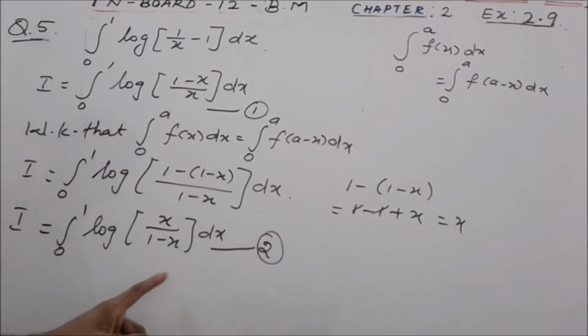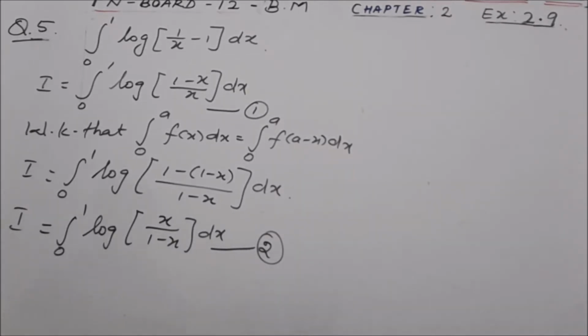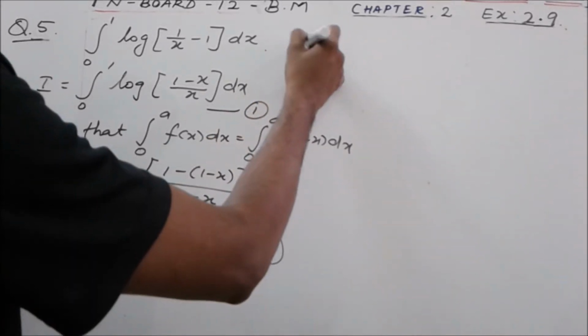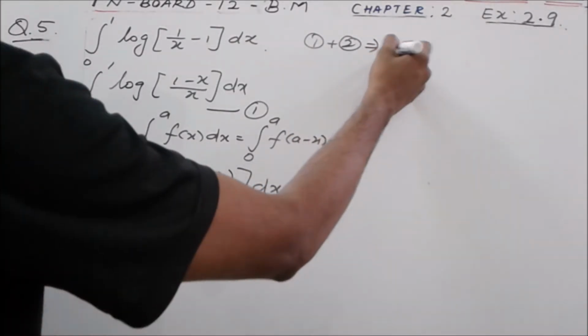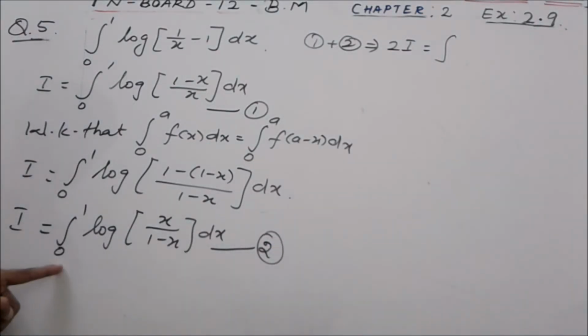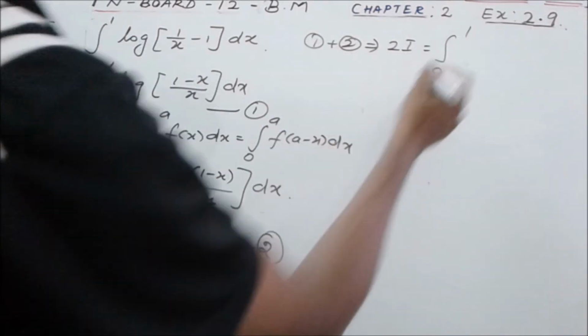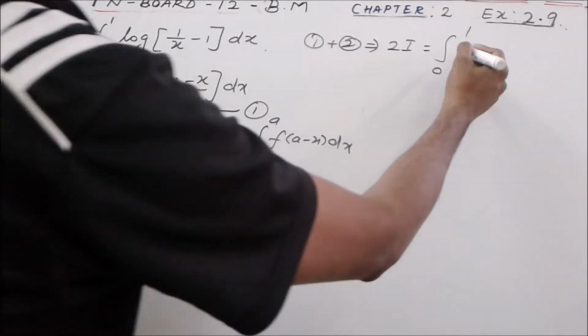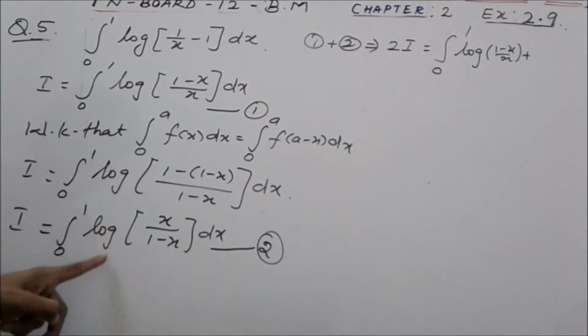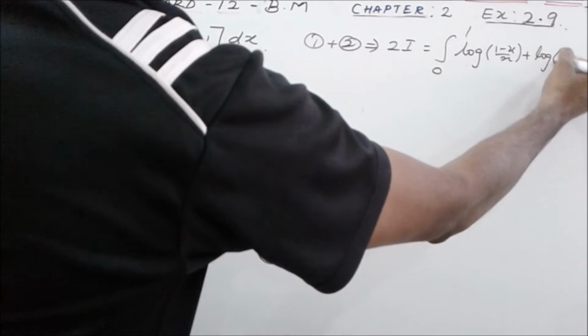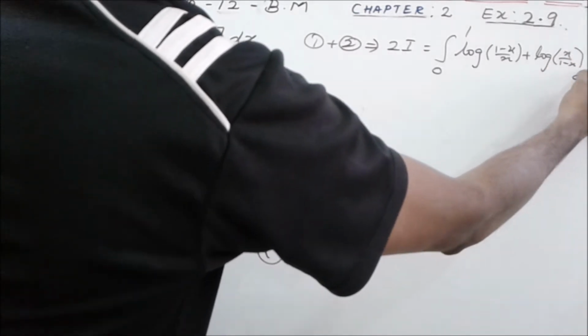Now adding 1 and 2, we have 1 plus 2 implies I plus I, 2I equal to integral 0 to 1, and adding these two functions, log of (1 minus x) by x plus log of x by (1 minus x) into dx.